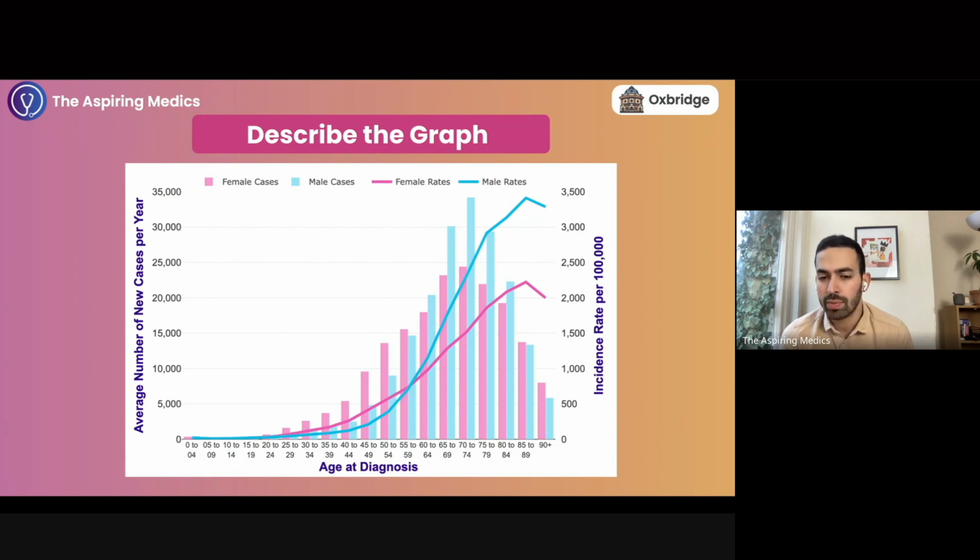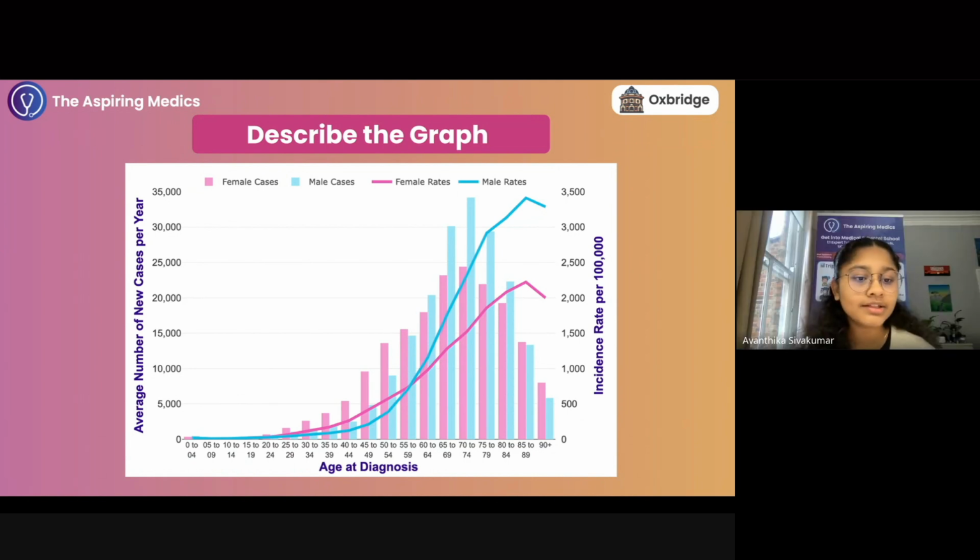So you did a great job at describing it. Why do you think we're looking at both cases and rates? What's the difference between the two? Right. So I think number of new cases simply refers to how many cancer diagnoses are made, but the incidence rate compares the number of cases to a particular population size, in this case 100,000.